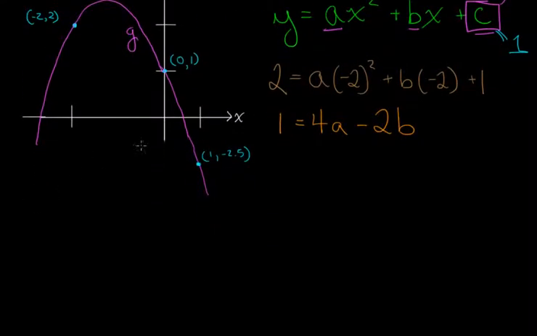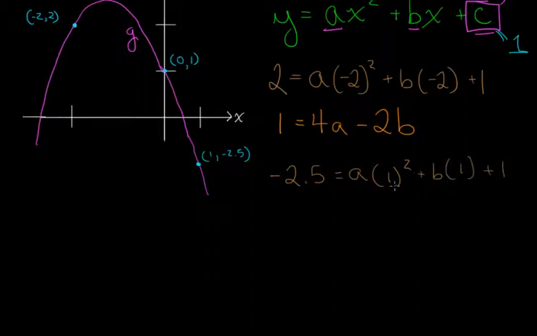Now we'll work with this point here. When y is negative 2.5, our x value is 1. So a times 1 squared plus b times 1 plus 1 for c. Subtract 1 from both sides. We simplify this, and we get negative 3.5 is equal to a plus b.